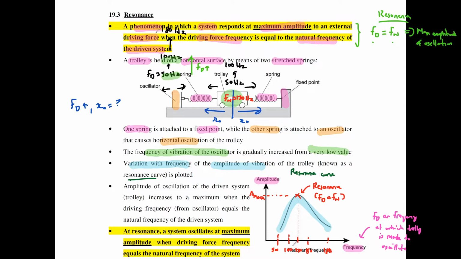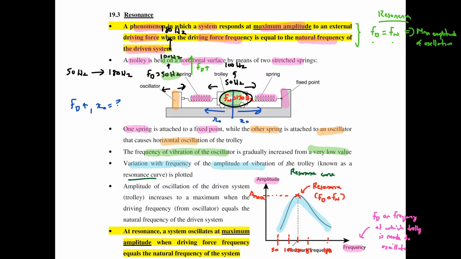There will be one particular frequency between 50 and 180 Hertz that coincides with my natural frequency. When my driving frequency coincides with my natural frequency, your system will oscillate with maximum amplitude.